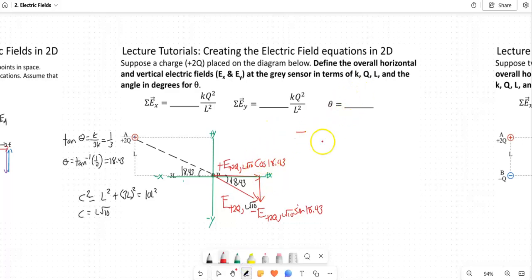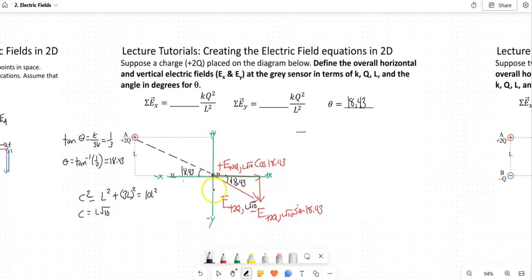So our angles are either going to be 18.43, or if you use this as your triangle, actually, this is your triangle here, which would be this.